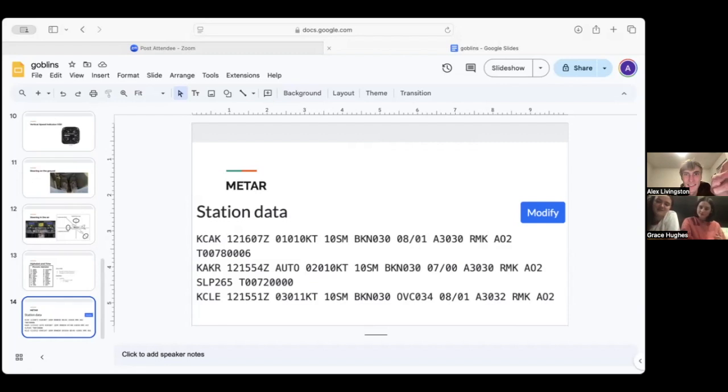Oh, clouds. Yes. So this is telling you where the clouds are. It's saying the lowest layer is a broken layer of clouds.